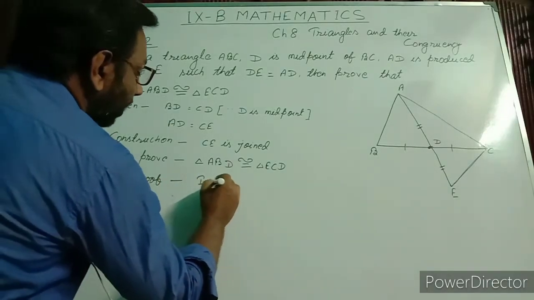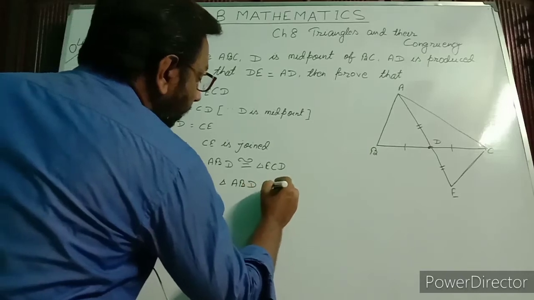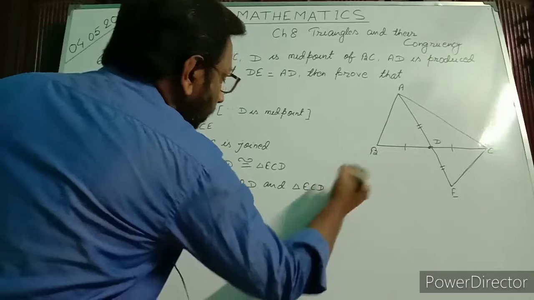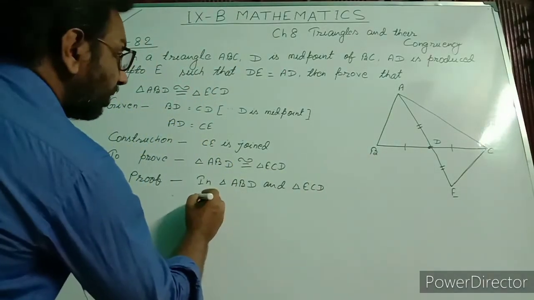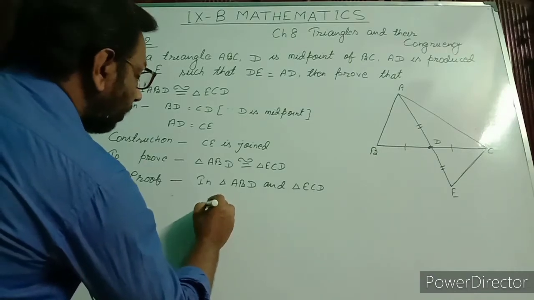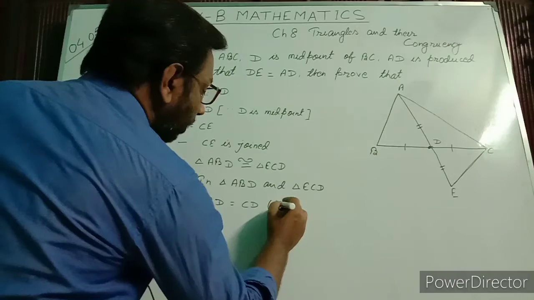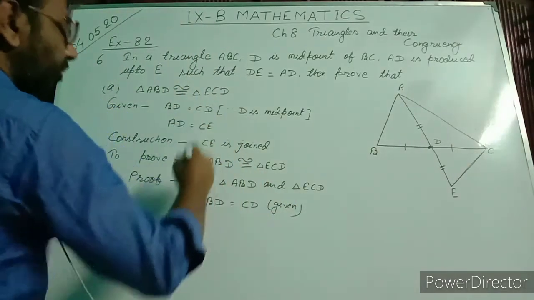For that we go in triangle ABD and triangle ECD to find three conditions that fulfill the rule of congruency. So the first condition is BD equals CD, given. It is given BD equals CD.